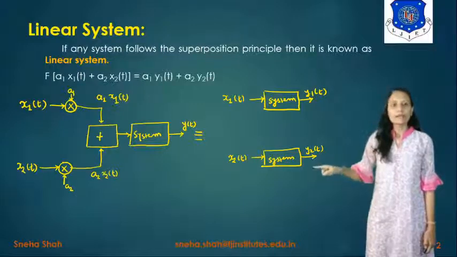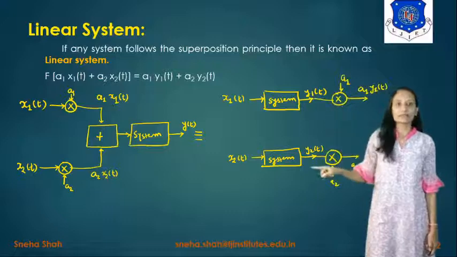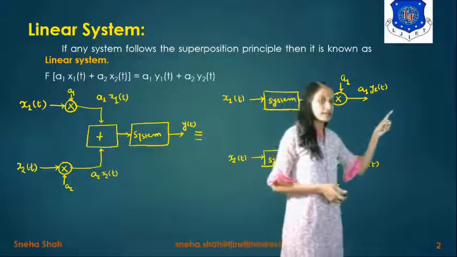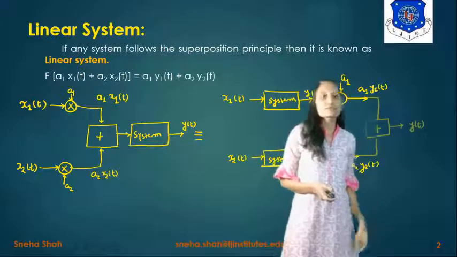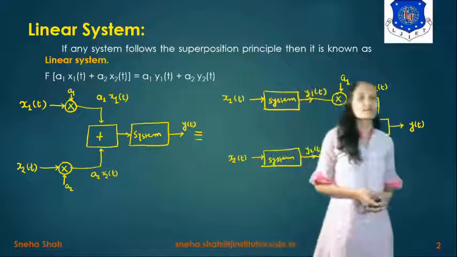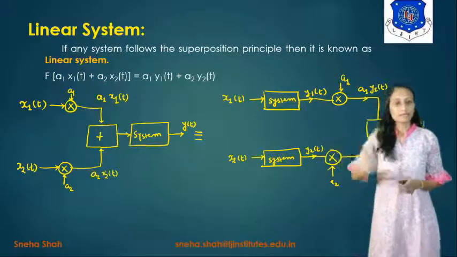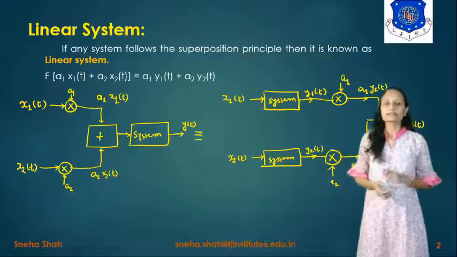Now y1 of t is multiplied with a1 and y2 of t is multiplied with a2. So it gives you a1 y1 of t plus a2 y2 of t. Now if we add these two terms, it gives you the final output y of t. So a1 y1 of t plus a2 y2 of t is considered the output of this system.